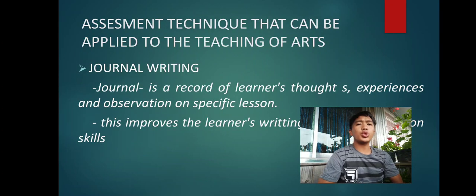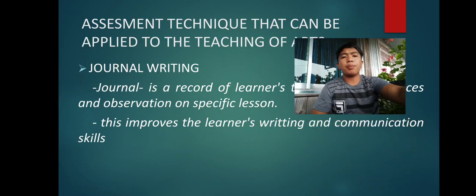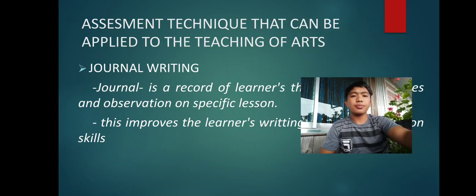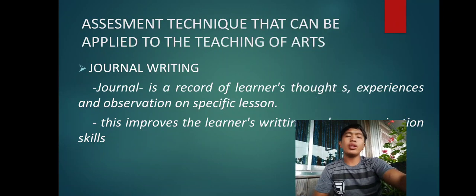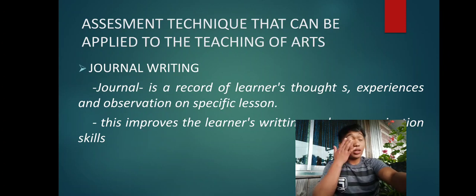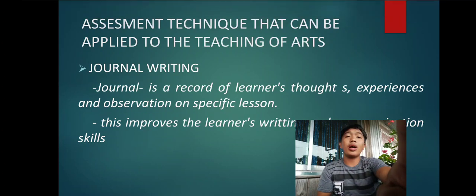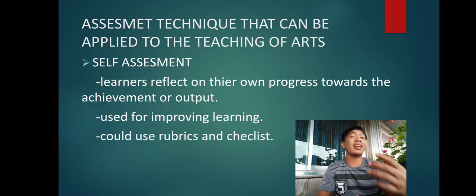Next is journal writing. A journal is a record of the learner's thoughts, experiences, and observations on a specific lesson. It improves the learner's writing and communication skills. Journal writing is allowing the student to self-assess.